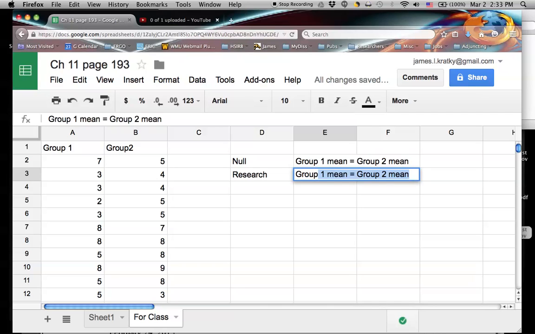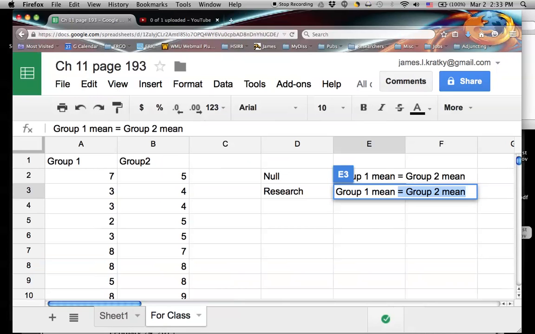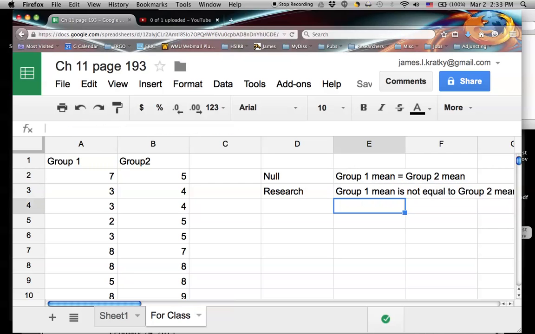So group 1 mean, see if I can get this to work here, is not equal to the group 2 mean. So those are our two hypotheses.